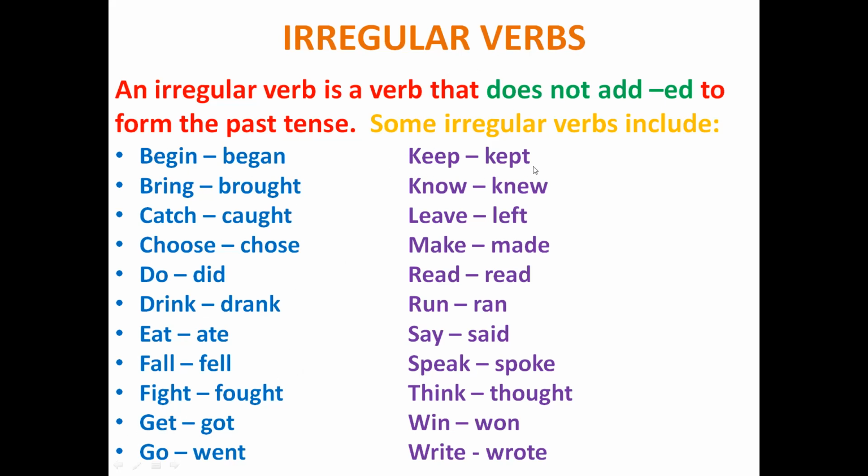Keep, kept; know, knew; leave, left; make, made; read, read; run, ran; say, said; speak, spoke; think, thought; win, won; write, wrote. We can observe that no single past tense ends with ed. So these are the irregular verbs with their past tenses.